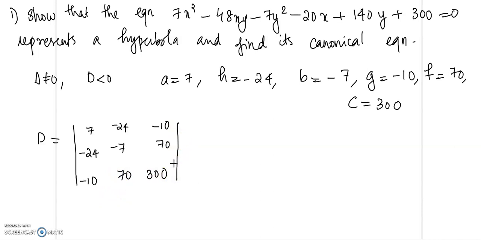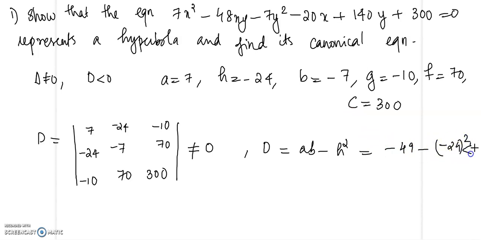So evaluate the determinant. You can see that the determinant will be not equal to 0. So I leave it to you to find out the value of the determinant. Then d is equal to ab minus h square. So that will be minus 49 minus 24 whole square.